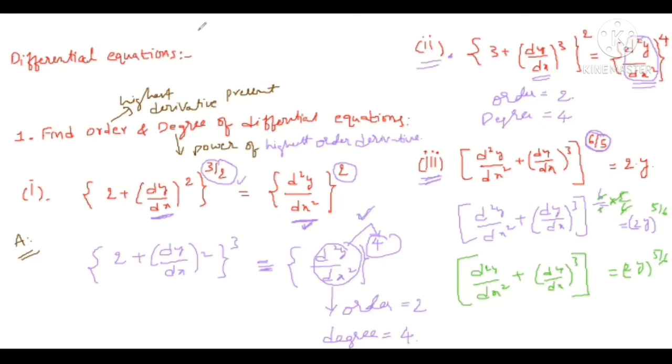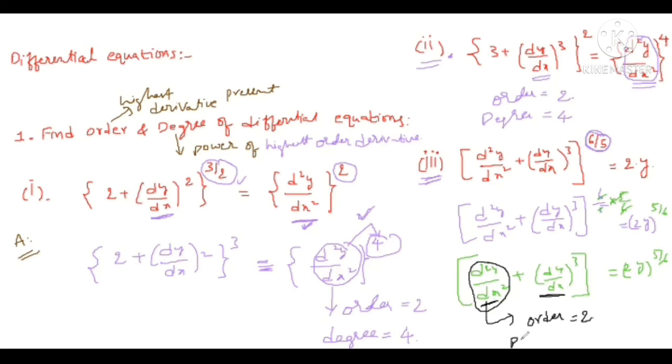Now after simplifying we got this equation, but here d²y/dx² is the second order term. The dy/dx term is there, the d²y/dx² term is there, so the highest is second order only, so order equals 2.